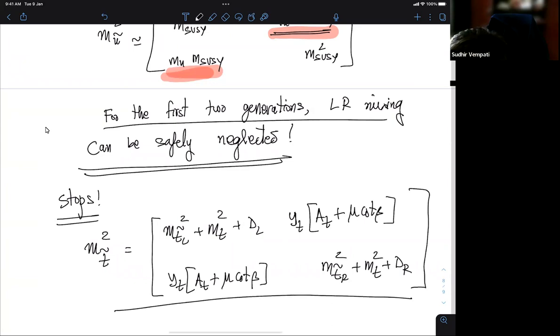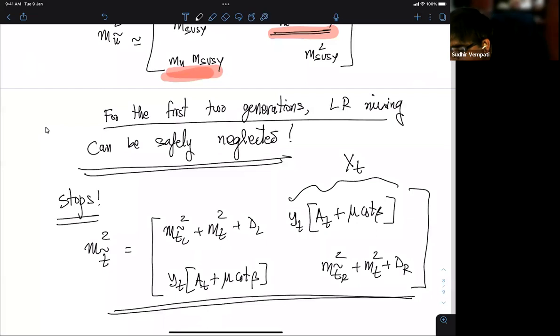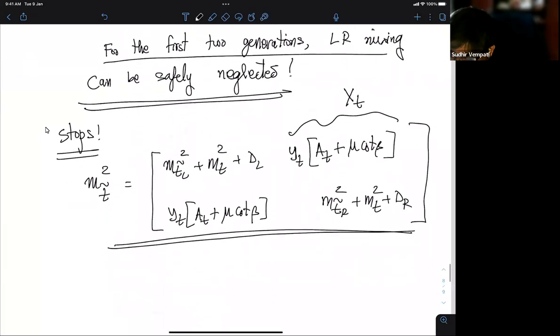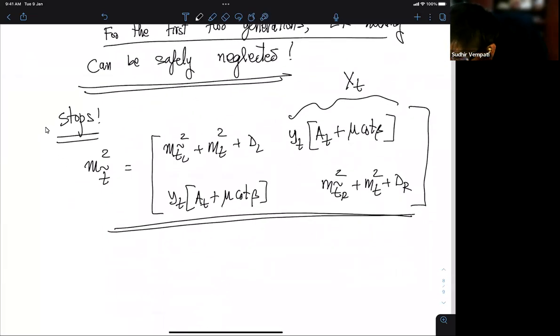This term is also sometimes called X_T, the left-right mixing part. We will see this once we come to the Higgs, maybe today or maybe in the next class. This plays a very important role in Higgs phenomenology and in the Higgs mass computation essentially. So this is nothing but Y_T times X_T.